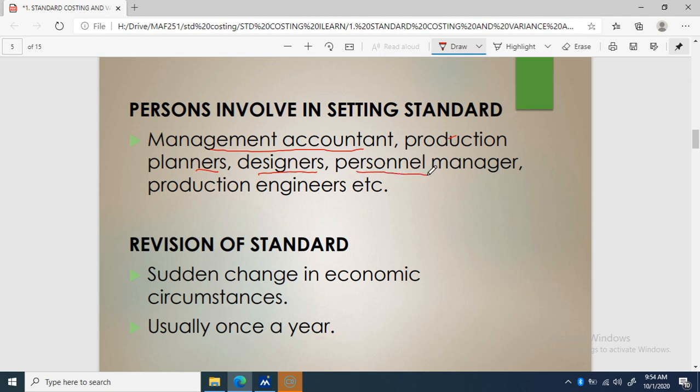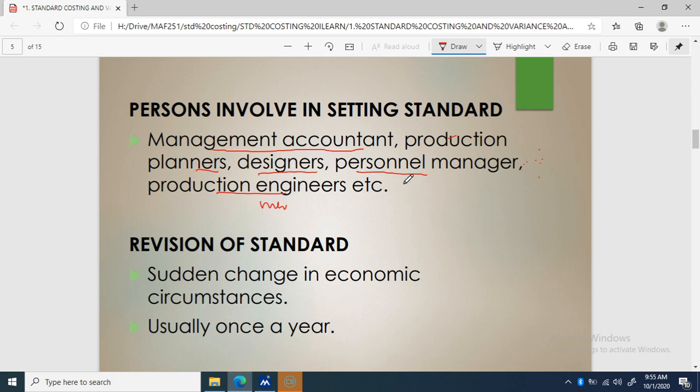And then the personnel manager is involved with what? With the human side, that means the labor standard, how much per hour you have to pay for this type of labor. And then production engineers are about the machine hours. They will know about the machines in the manufacturing departments better.